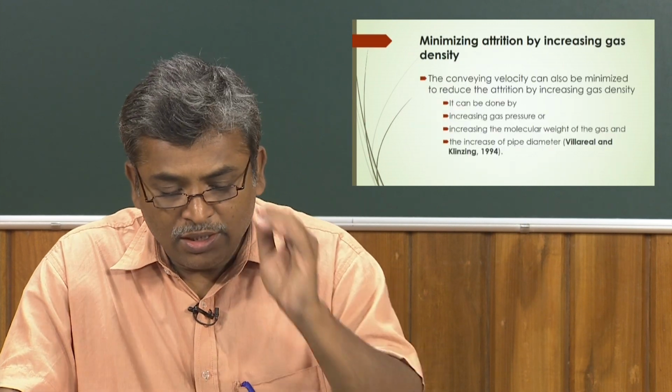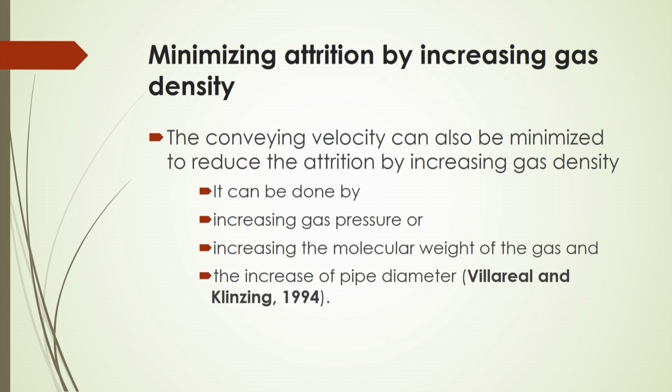And if you increase the gas density, what will happen? Sometimes it will minimize the attrition rate, because gas density will give an energy reduction, and increasing the gas pressure, which increases the molecular weight of the gas, and increasing the pipe diameter, effectively together will minimize the attrition rate, as given by Villarreal and Lynching 1994 in their experiment.